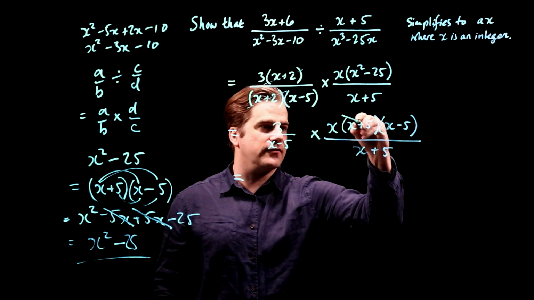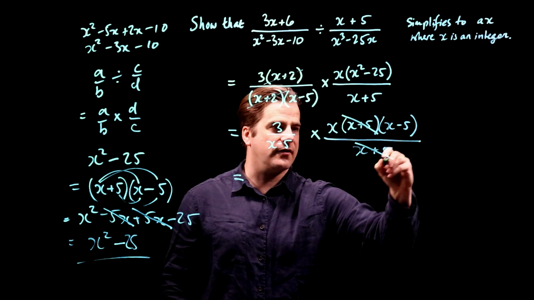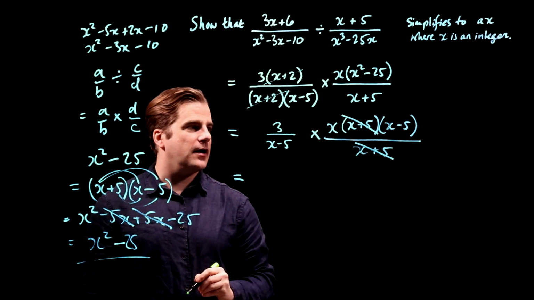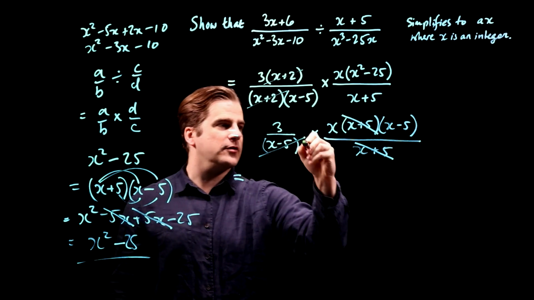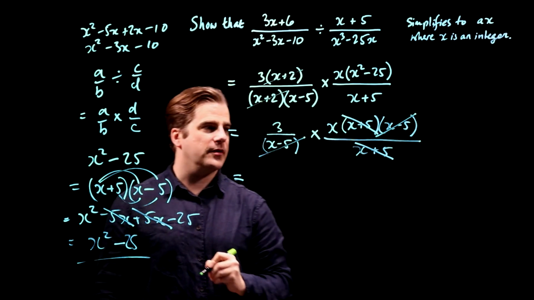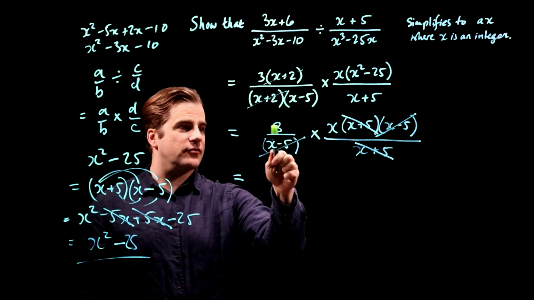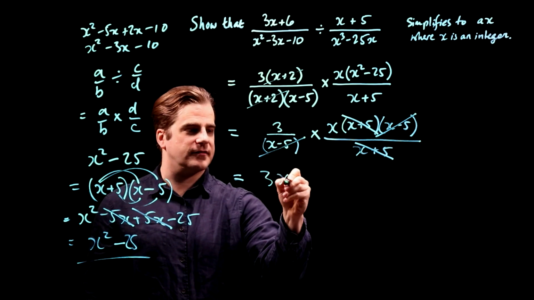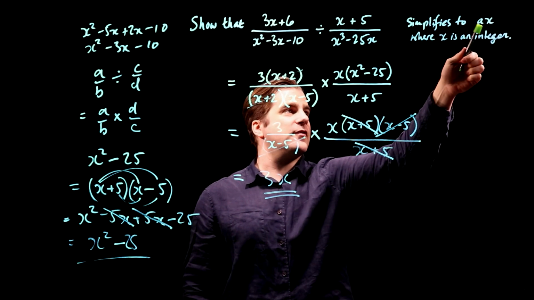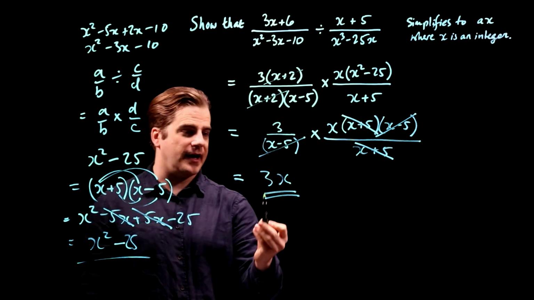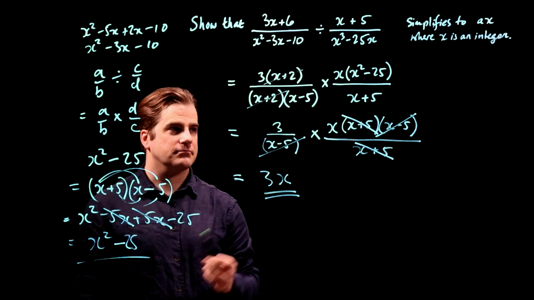So x plus 5 on the top there, x plus 5 on the bottom. Look at this. We have x minus 5 on the bottom and x minus 5 on the top. So what we're left with is just 3 times x, which is 3x. Done. You see, it does indeed simplify to ax where a is an integer and a is 3. There you go.